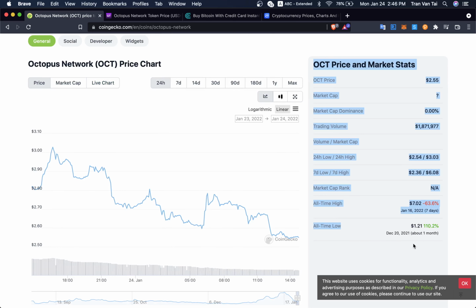Beside it there are market stats and price. We put them aside from the chart here, and you can see market cap, trading volume, 24-hour low or 24-hour high, and all-time high or low here.